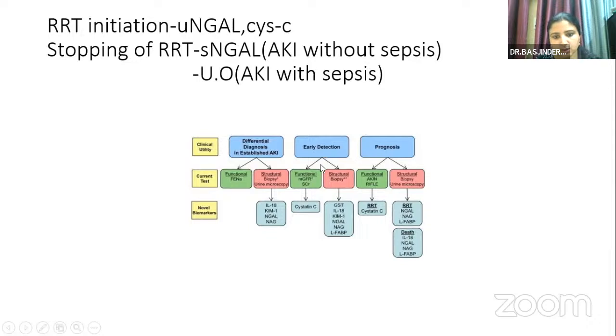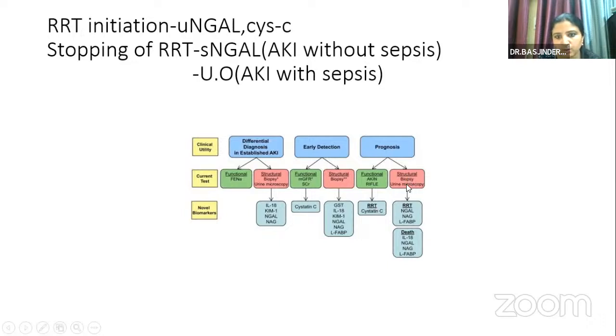In early detection, for functional, we do serum creatinine, but we can also do cystatin C and confirm even in the earlier stages. Structural damage, we see by biopsy in our conventional tests, but we can see NGAL, FABP, interleukin 18, all these tests. And in prognosis also, in functional, we follow the AKIN criteria and the RIFLE criteria. But in biomarkers, cystatin C can be helpful, and it is also helpful in initiating the RRT.